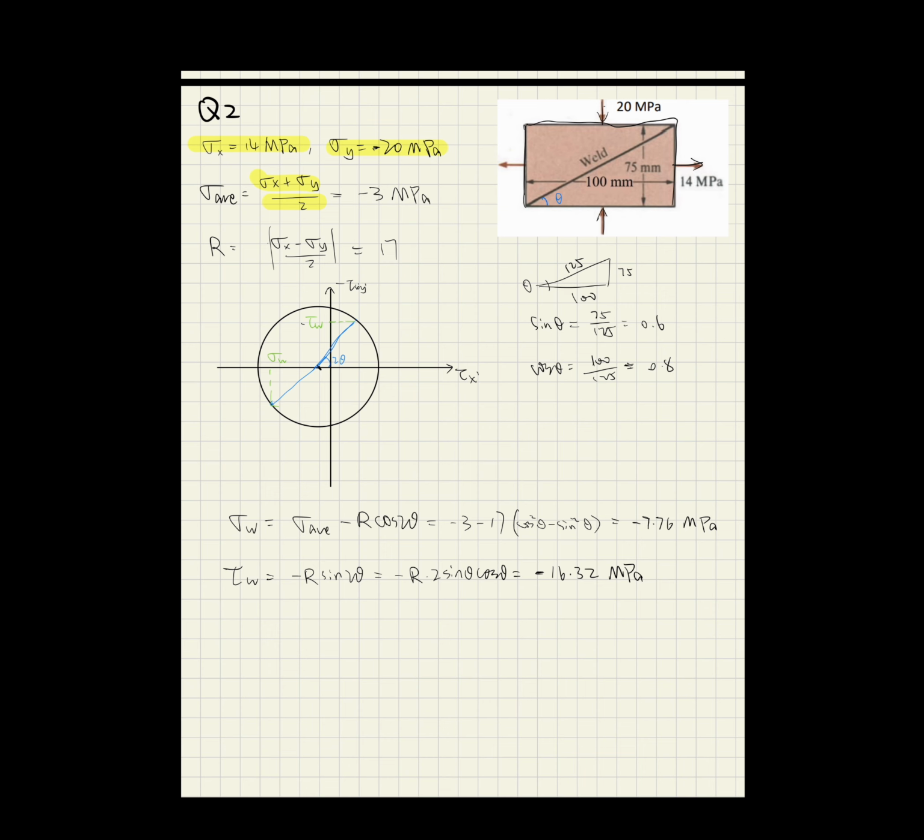So this point is approximately minus 3, and we know the radius, so we can plot the Mohr circle. And what we want to know is the normal stress and the shear stress at this weld line.